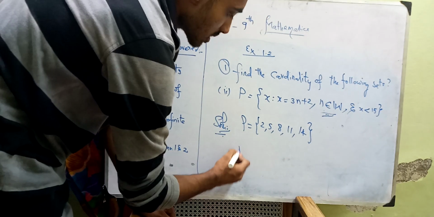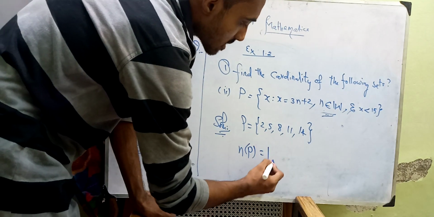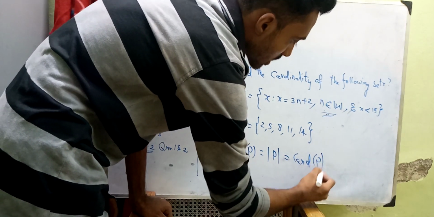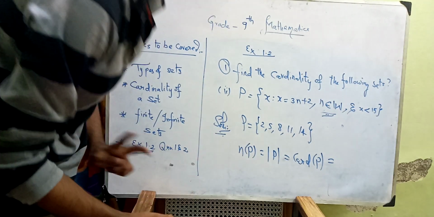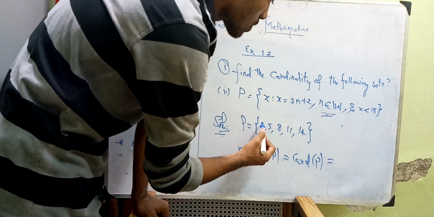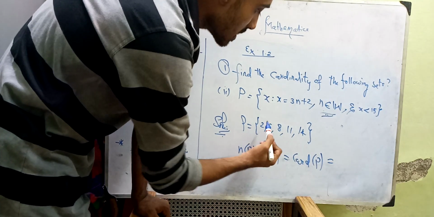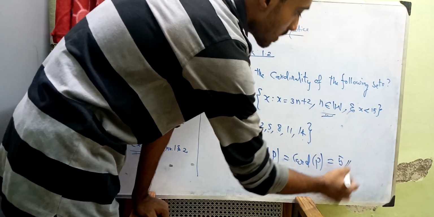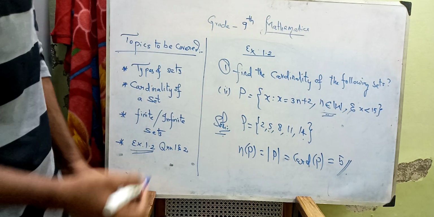How many numbers are there? N of P, or you can say cardinality of P, or card P, whatever you want. So how many elements in P? 1, 2, 3, 4, 5. So 5 is your answer for the given question.